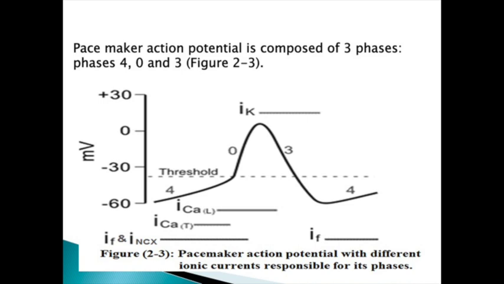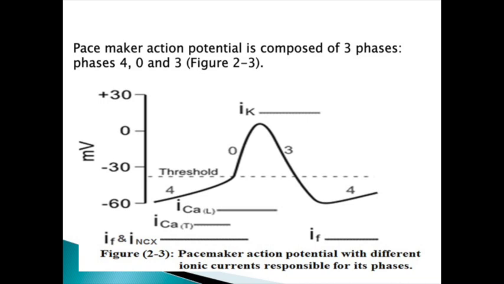Then, to complete this pre-potential, the transient calcium channels open, and the calcium influx will complete this slow depolarization. When we reach the threshold, another type of calcium channels, called long-lasting calcium channels, will open and continue the upstroke limb of this action potential.